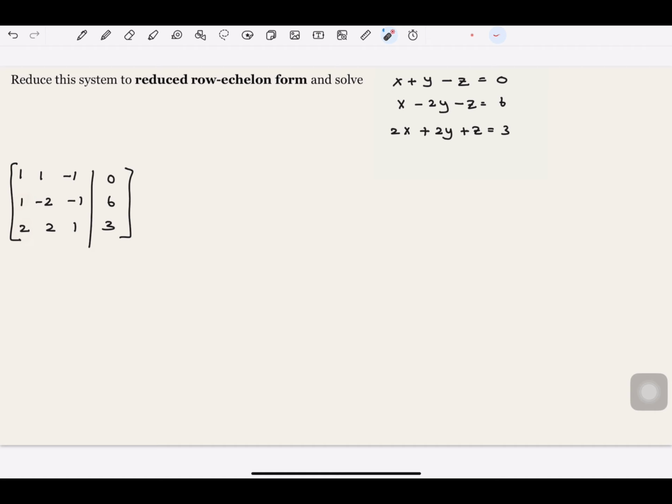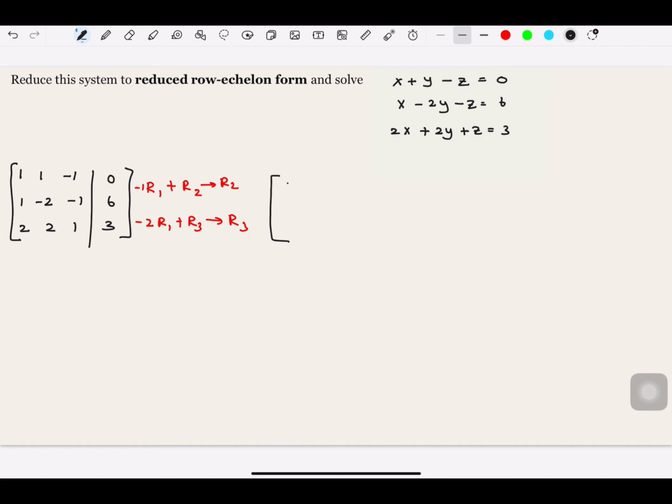The first step I'm going to do is multiply the first row by -1 and add it into R2, and R2 will be replaced. At the same time I'm going to multiply R1 by -2, add it into R3, and R3 will be replaced. So let's do both simplifications together.